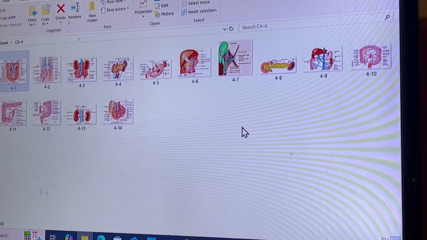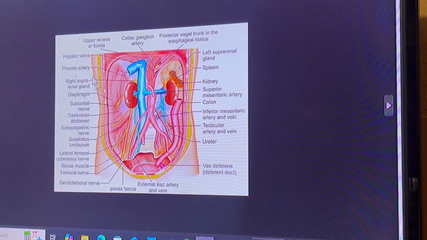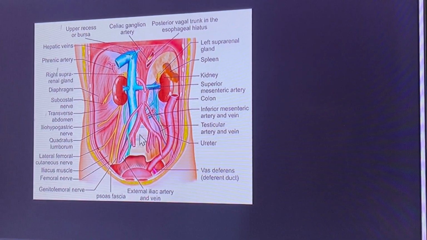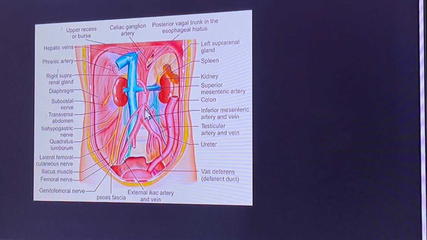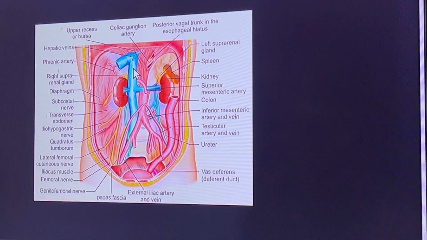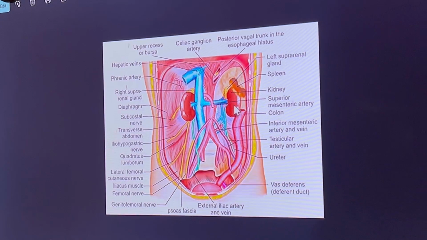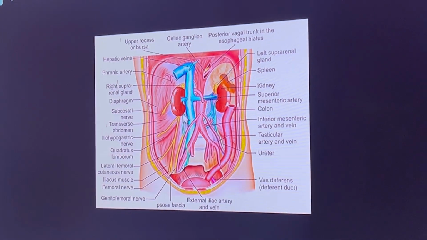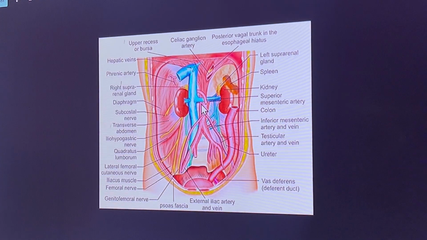Now we'll show in the illustrations all these arteries one by one. So first, when you see here, this is the abdomen. What you're seeing here is the aorta, which is coming from the thorax. This is dividing into your iliac arteries, okay? One by one we'll go. This is the left suprarenal gland, this is the spleen, then you have the kidneys, you have the superior mesenteric artery, which is a branch of the abdominal aorta directly.